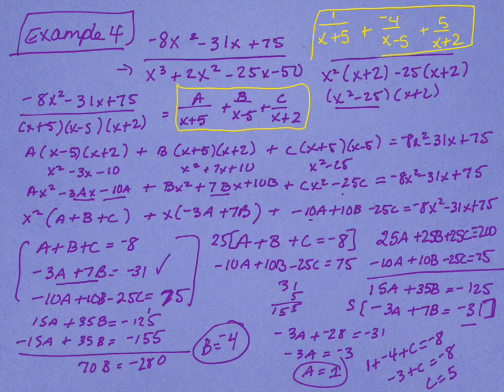So that's your answer. Did I get negative 5 for C? Yes, this is supposed to be a negative 5, right? I had 3, yeah. Negative 5 over x plus 2. All right, that was example 4.